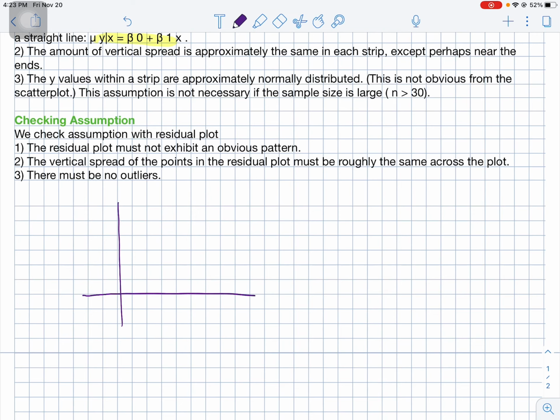That means it will follow a shape that you are able to tell, for example, a parabola or a line. So this is called obvious. Not obvious means the points are everywhere. Number 2, the vertical spread of the points in the residual plot must be roughly the same across the plot. And number 3, there must be no outliers.